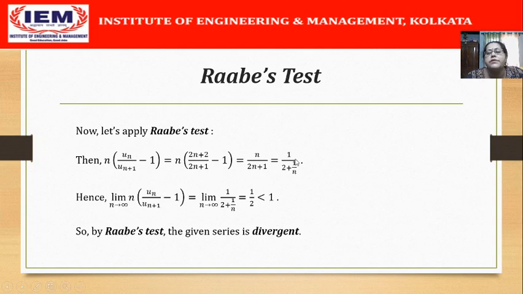And this again gives us 1 by 2 plus 1 by n. So now if we take the limit of this expression as n tends to infinity, we see that as 1 by n goes to 0 under the limit, the value of the limit is half, less than 1. So we have a conclusion now by the Raabe's test. The Raabe's test tells us now that the series will be divergent since the limit is less than 1.